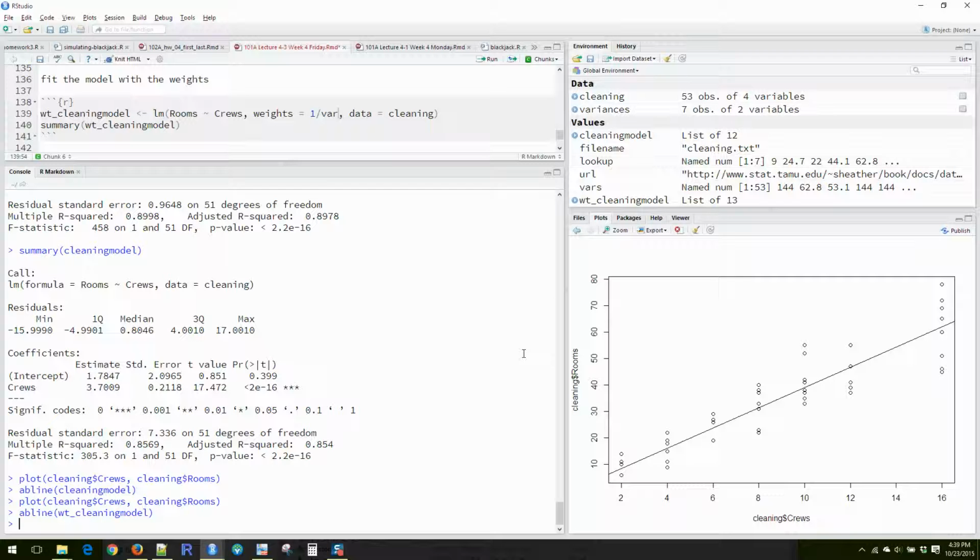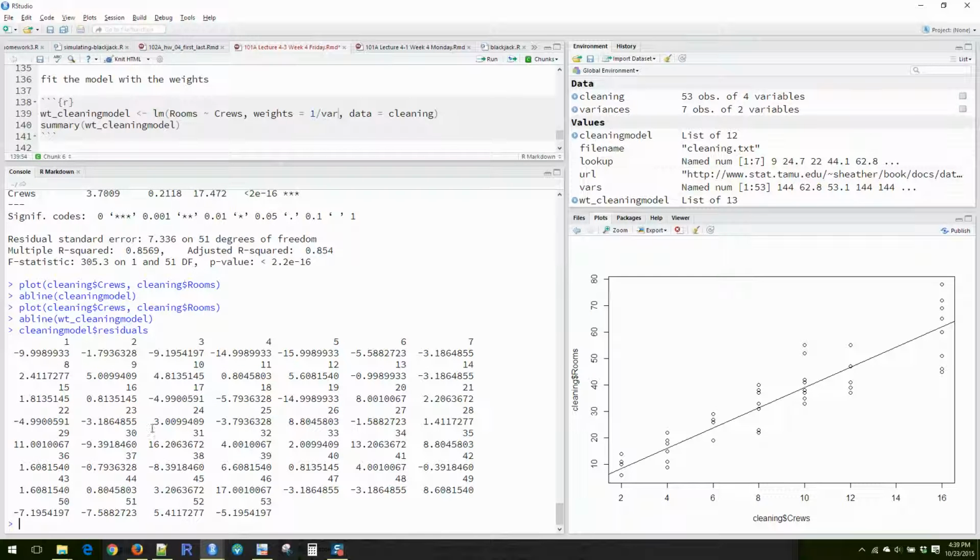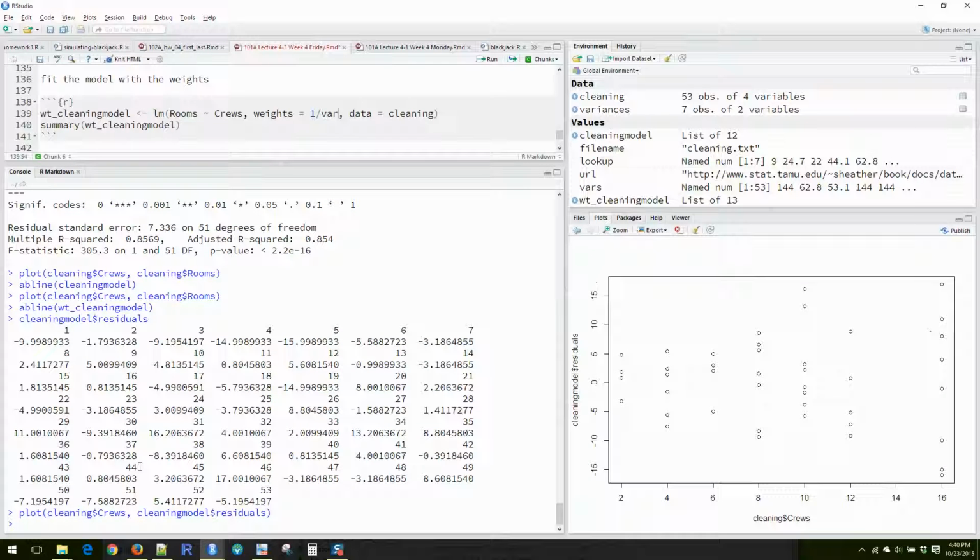But when we look at the residual plot, then you will see the difference. We can look at cleaning model residuals, and when we plot cleaning$crews against the cleaning model residuals, we see this bad pattern.